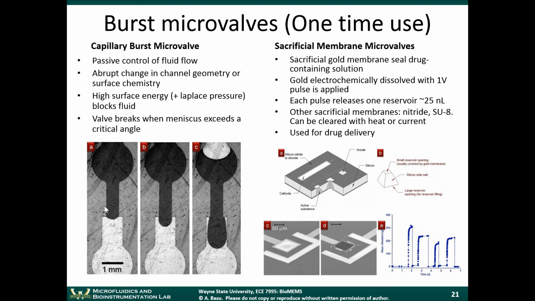So if you want to add a very specific amount, like 10 nanoliters of this reagent into your assay, you want to measure that out, then these types of capillary valves could be useful. All right, like I said, once the capillary valve breaks, then this region can fill into the rest of the channel.